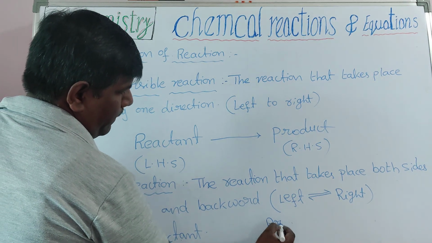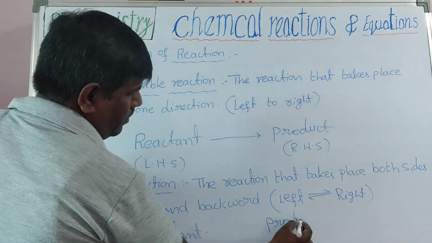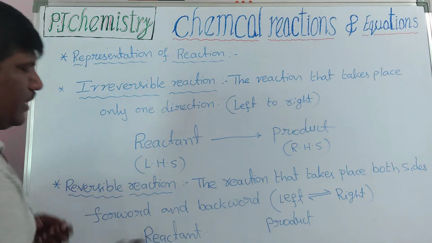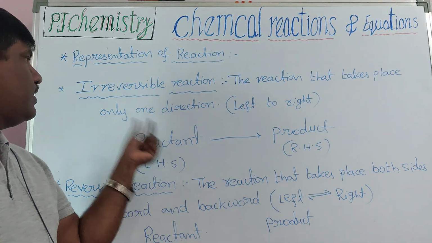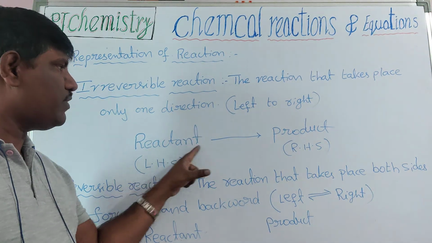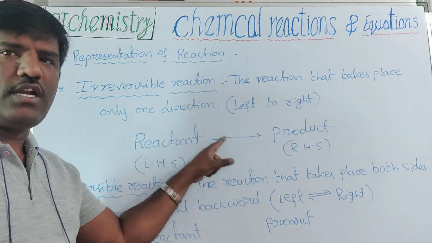So between the reactant and product, nothing is mentioned. For a forward reaction we mention an arrow symbol, which is called gives rise to.